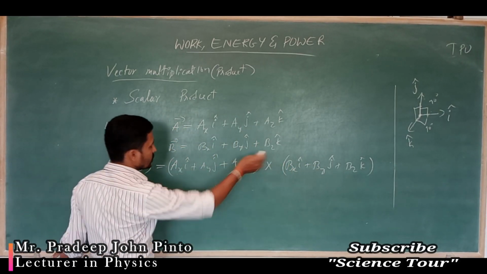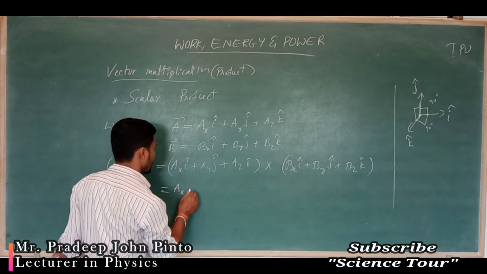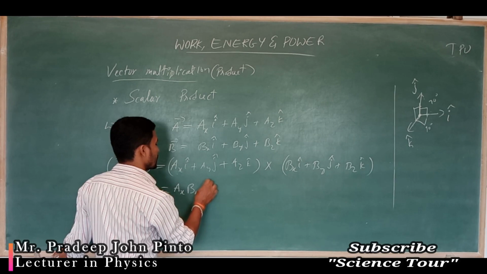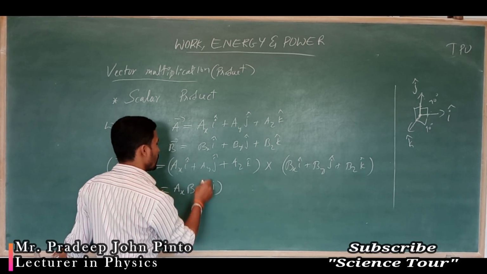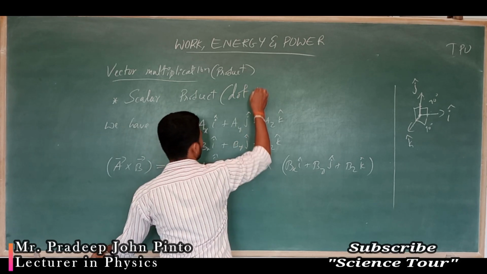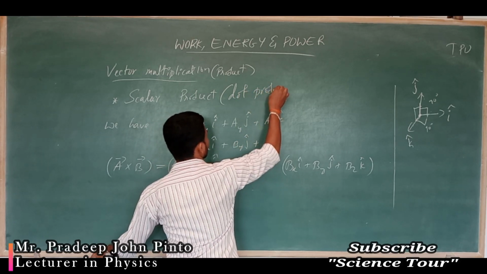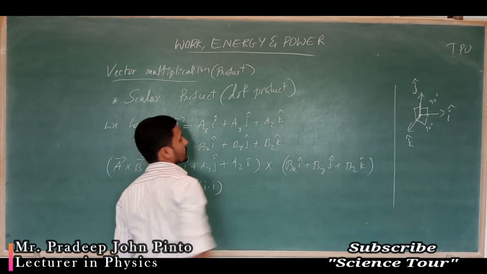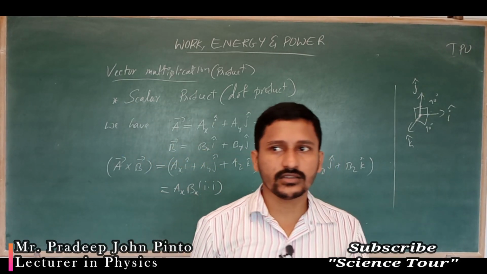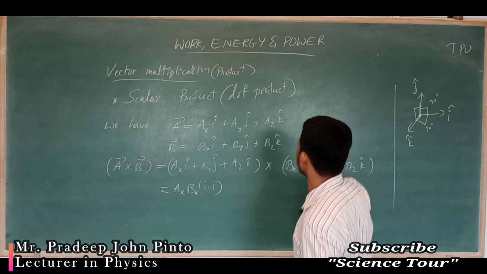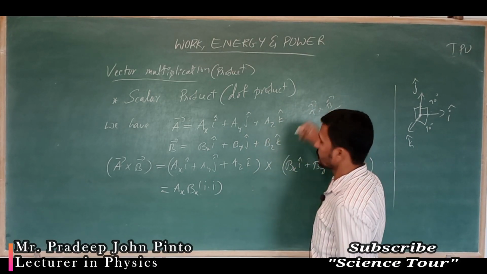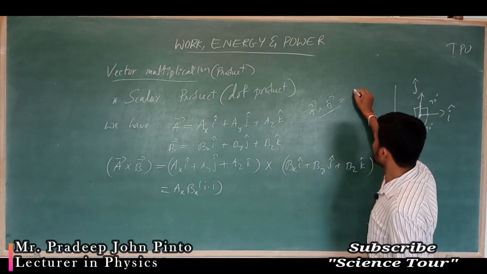So ax into bx means how much? Ax bx, i into i. This we are going to call the dot product. When you multiply two vectors, you will get a new quantity.